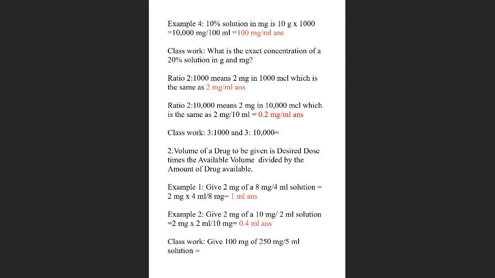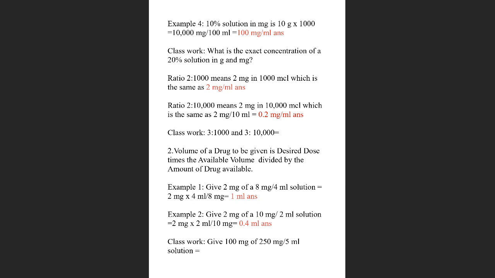So let's look at example 1. Example 1 says, give 2 milligrams of a 8 milligram in 4 mil solution. Let's ensure that we understand what the question is asking. So you have a 8 milligram in 4 mil solution.